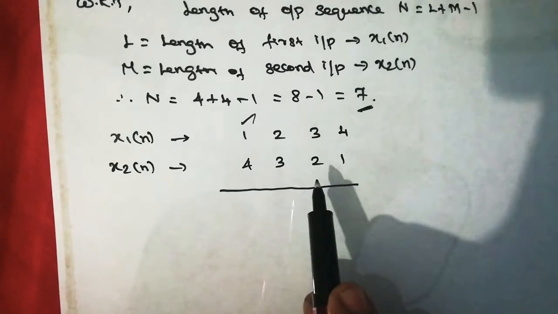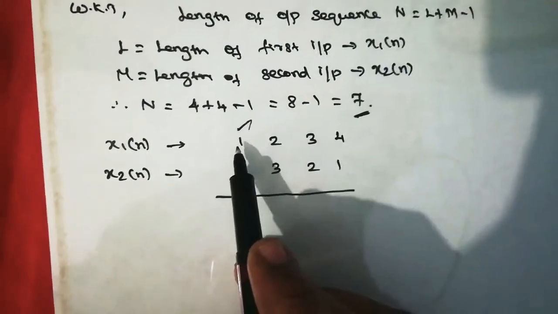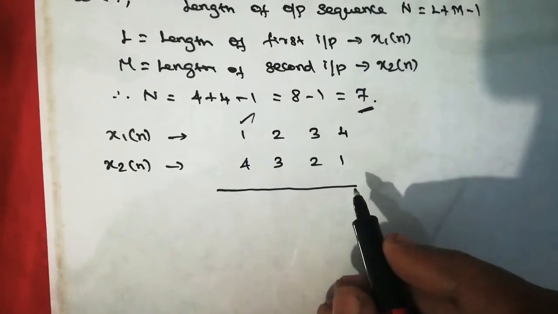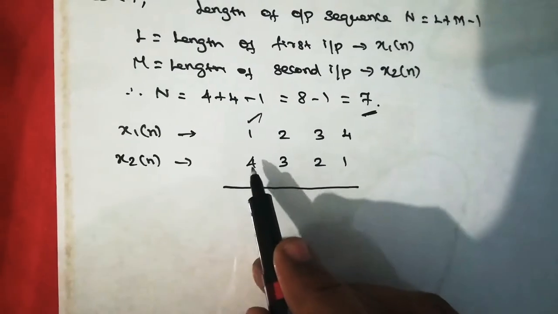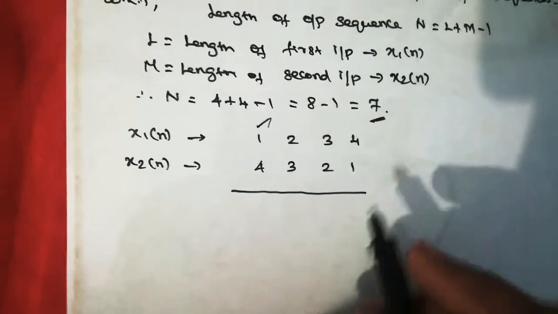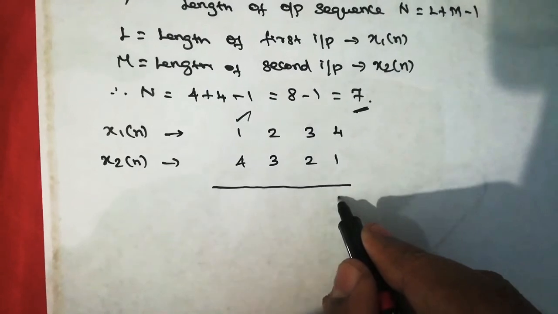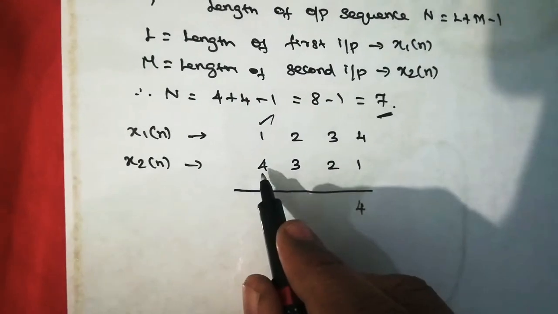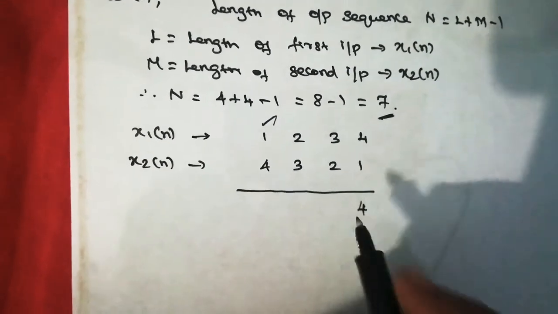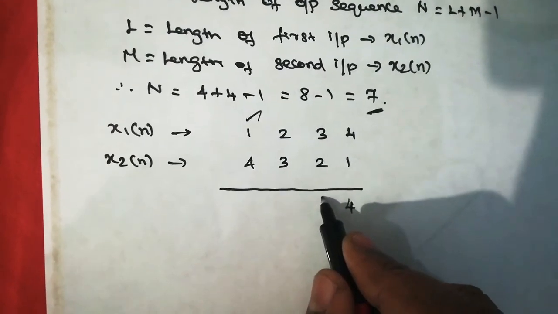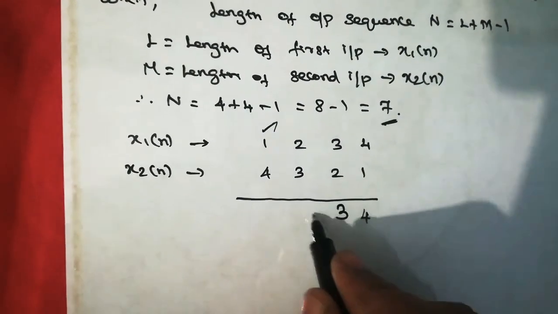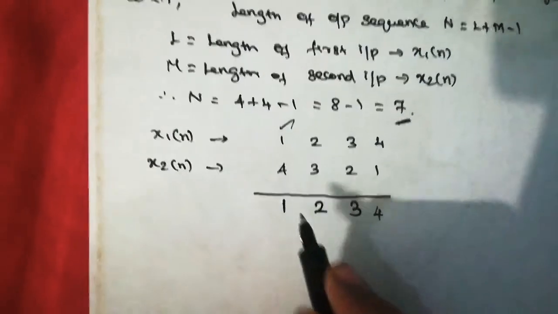So 1 into 4, 4. Next 1 into 3, 3. 1 into 2, 2. Then 1.